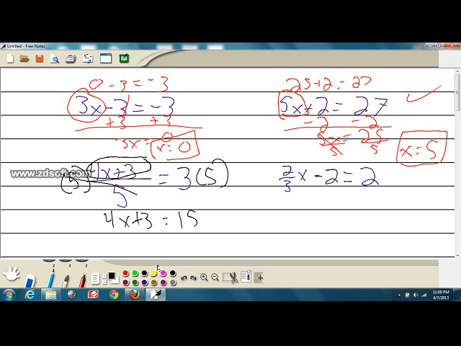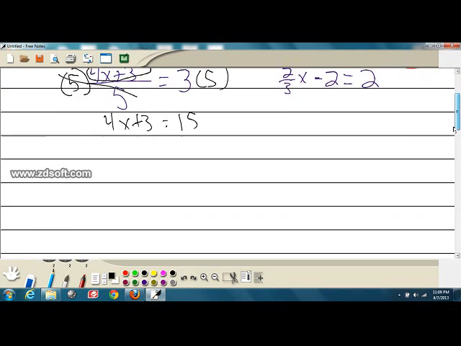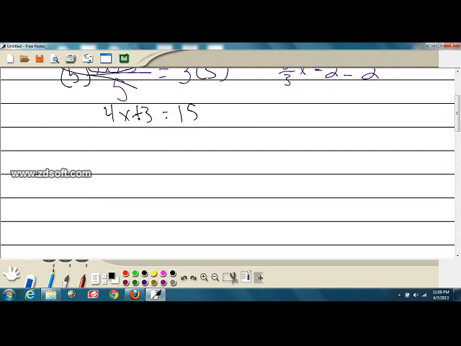So now we have to get rid of the 3. Well, let's see. Hold on, I'm getting ahead of myself. So we have 4x plus 3 is equal to 15. What's happening first? Well, it's 4 times x first, and then plus 3. So this is the first thing we did, and that's the last thing we did.